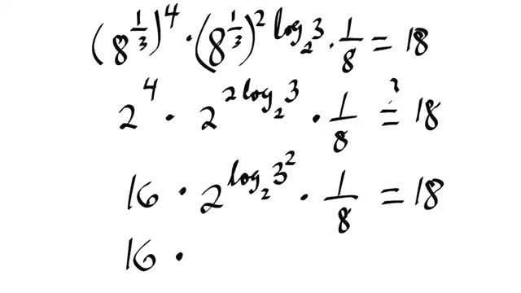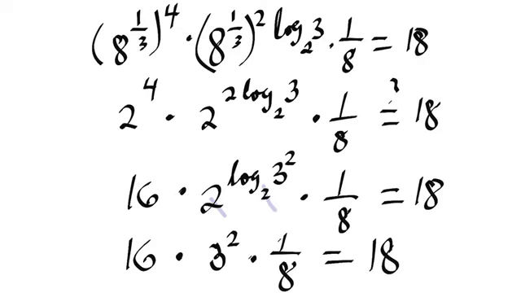Whenever you have something like 2 raised to the power log base 2, this base and this are the same thing, so it's going to be cancelled out. So we're going to have 3 to the power of 2, then multiplied by 1 over 8 equals 18.